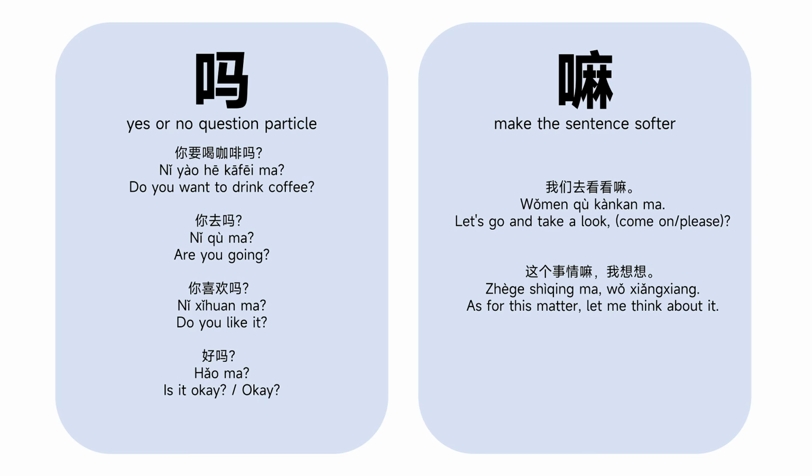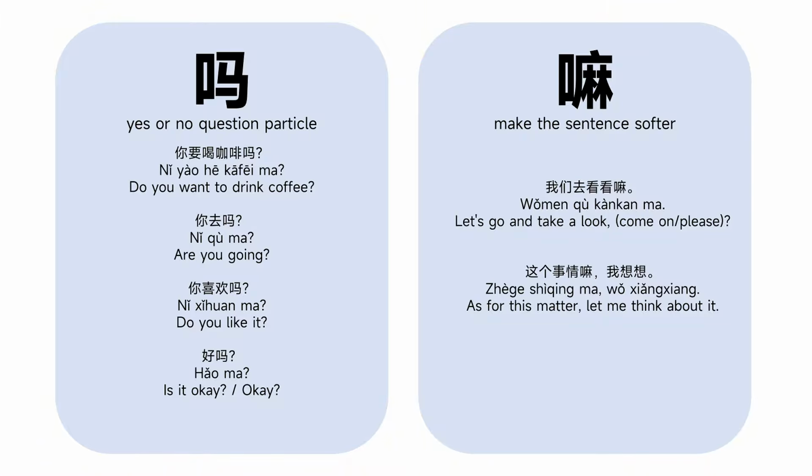So you need to be careful. Both ma and ma, they all pronounce as ma with the neutral tone, and they are all put at the end of the sentence. But they could mean different things. The left one is a yes or no question. It's a question you have to answer. And the second one is the particle to make the sentence sound softer and friendlier.